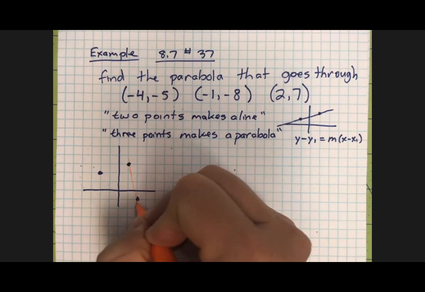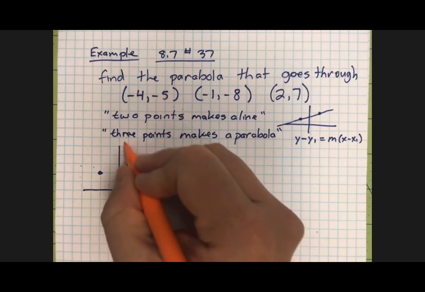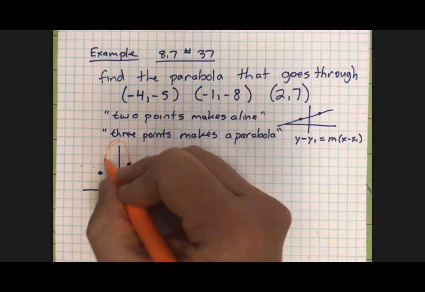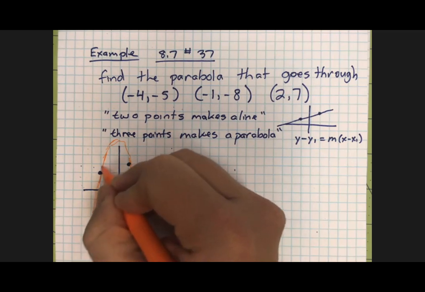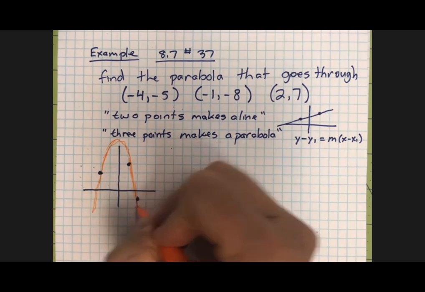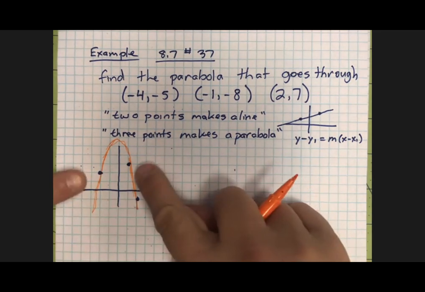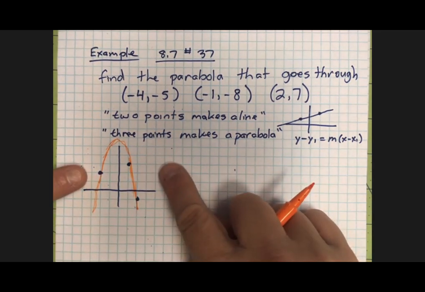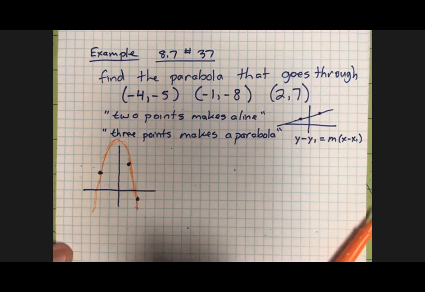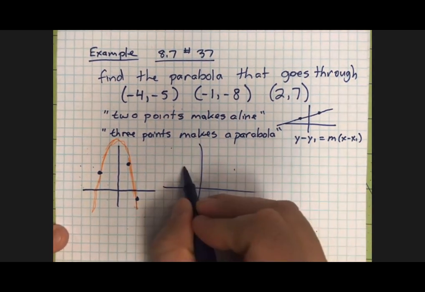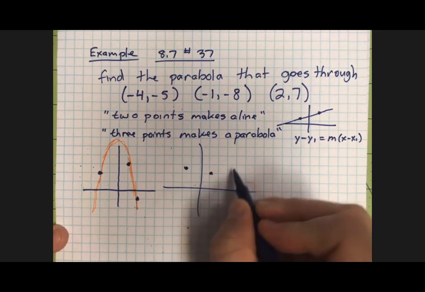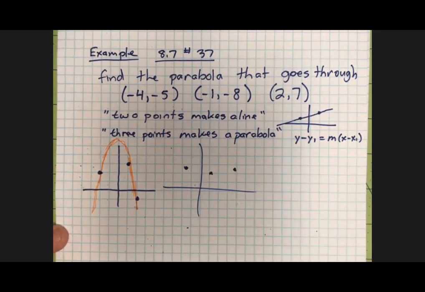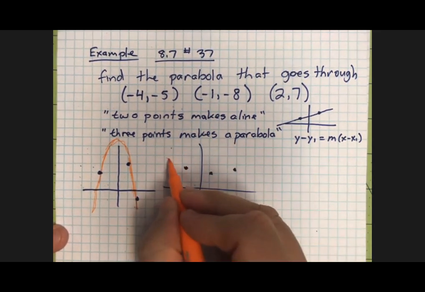What I have to visualize is something actually that's probably kind of tall. I mean, if you pick the 3 points in extreme locations, the parabola might be extreme. Let's say you pick the 3 points like this. And the parabola might be very flat.